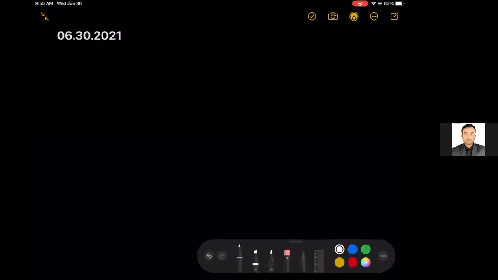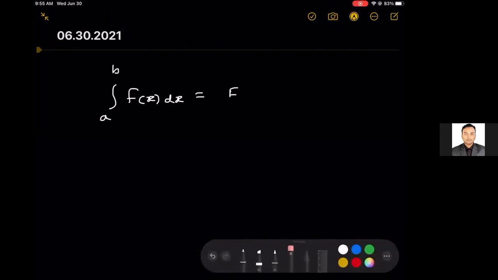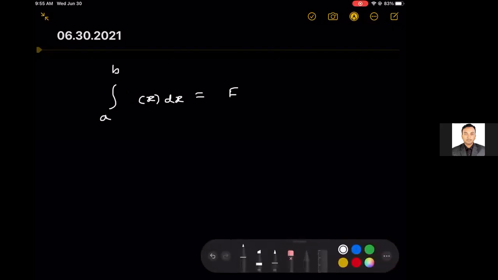All right, so the second statement, let me start with that, is saying if you're trying to find the area within this interval, this is nothing but finding the antiderivative. I think this looks pretty similar, but it's actually the small f.